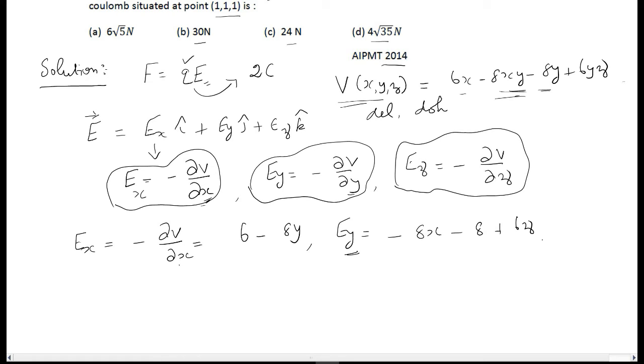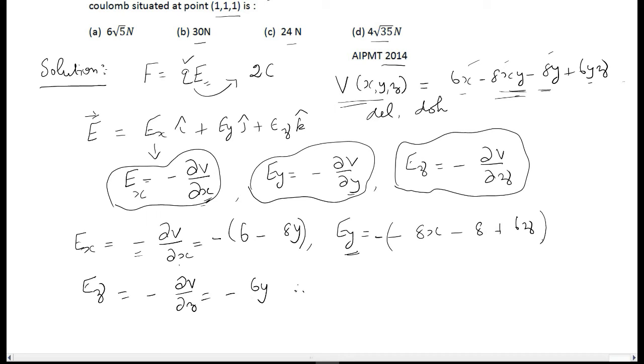Note that we will have to consider the negative of this, so let me put a minus symbol here, and here also. Then Ez is -∂V/∂z. Here y is also constant, so 6y, with minus: minus 6y.